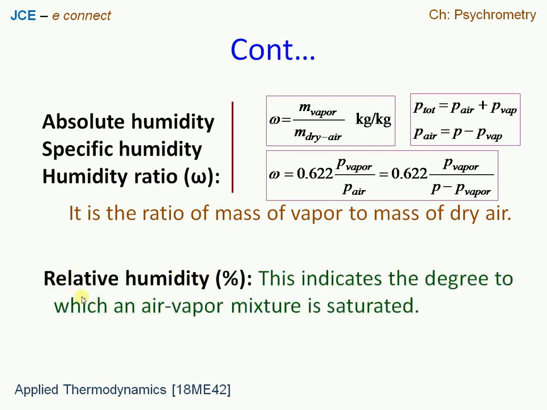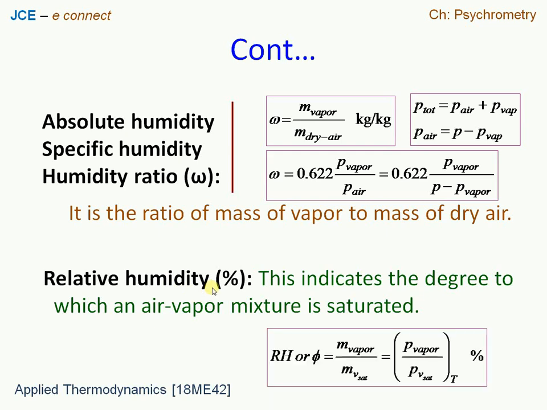Now moving to relative humidity. Basically this indicates the degree to which an air vapor mixture, or moist air, is saturated, to what extent the moist air is saturated. To have an idea about that, we have one property here called relative humidity, which is expressed in terms of percentage. In short, one can call this RH or phi.